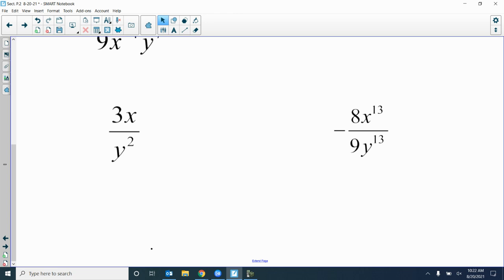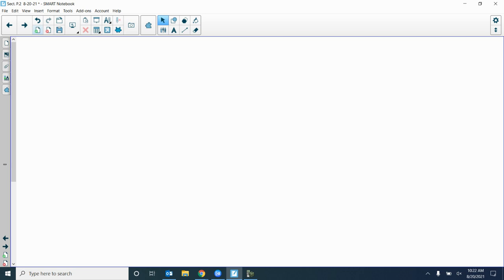One thing when I was looking at your homework, I wanted to cover it real quick before I go into the next lesson. I think the first problem was x cubed plus 125.